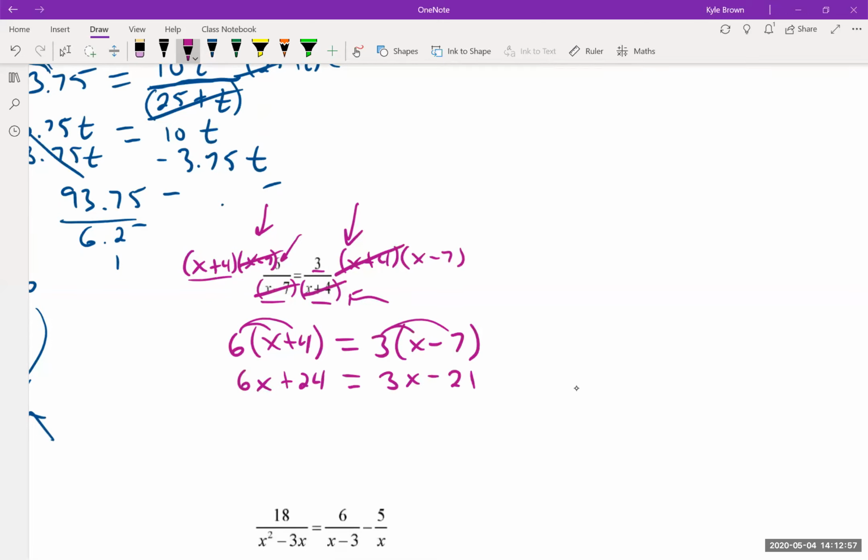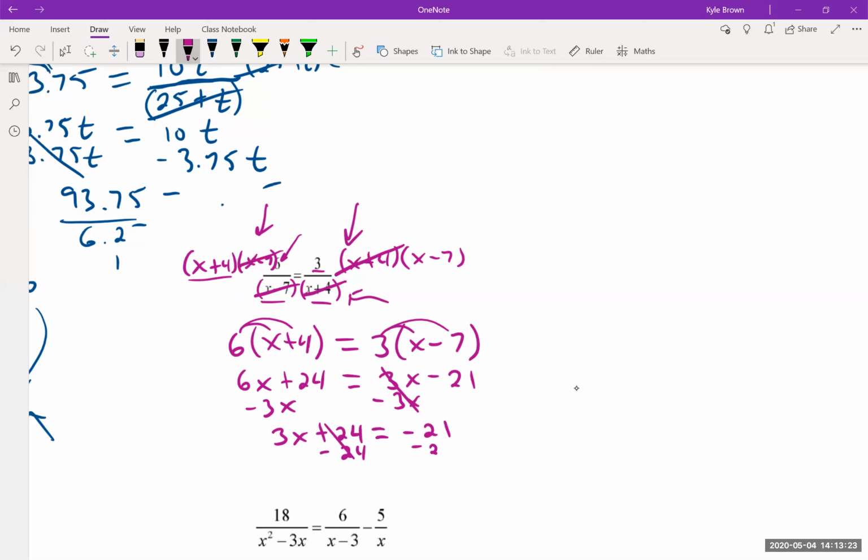All right. Now, same thing. I'm going to get my x's on the same side. So I'm going to subtract 3x from both sides. So minus 3x and minus 3x. So I'll do this in 2 steps here. So we've got 6x minus 3x is going to be just 3x, plus 24 is equal to negative 21. And then I'll subtract 24 from both sides.